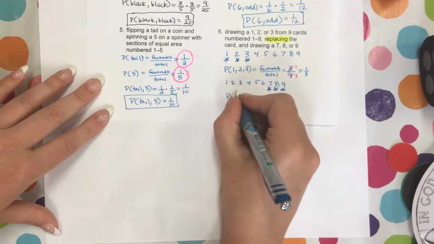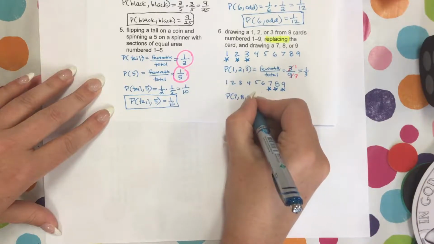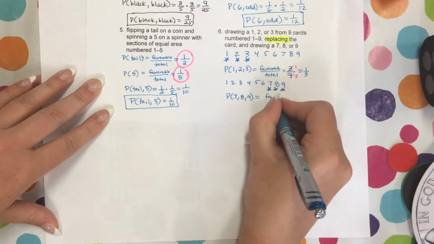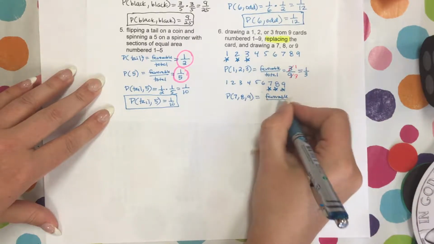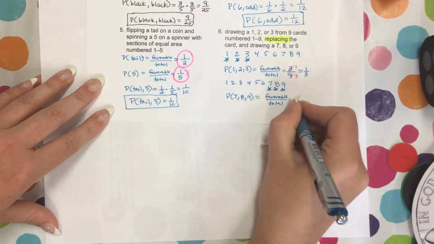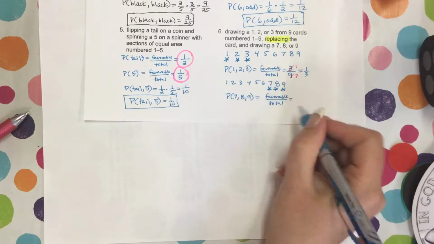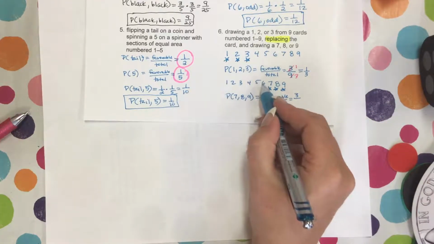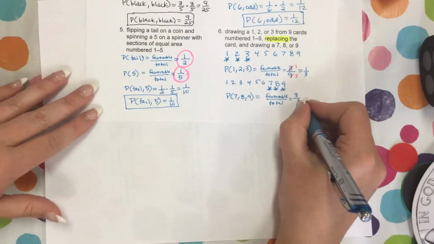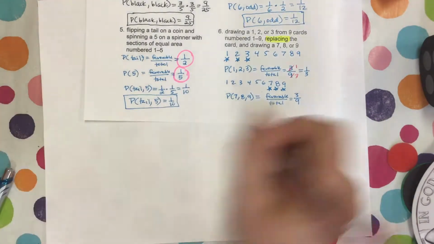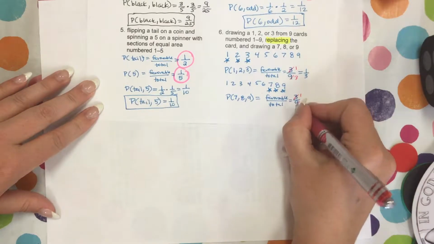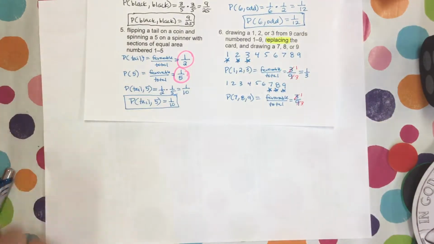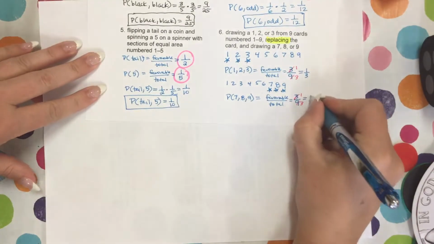The probability is the favorable over the total, so there are 3 favorable outcomes out of a total of 9. We reduce that again: 3 goes into 3 one time, 3 goes into 9 3 times, and we're left with 1/3.